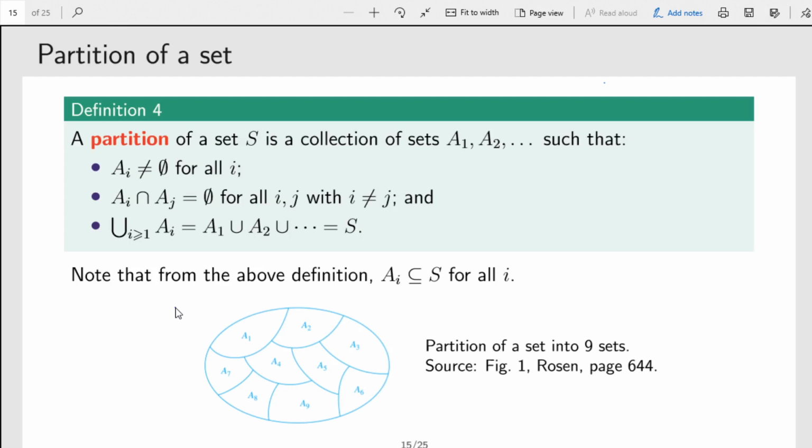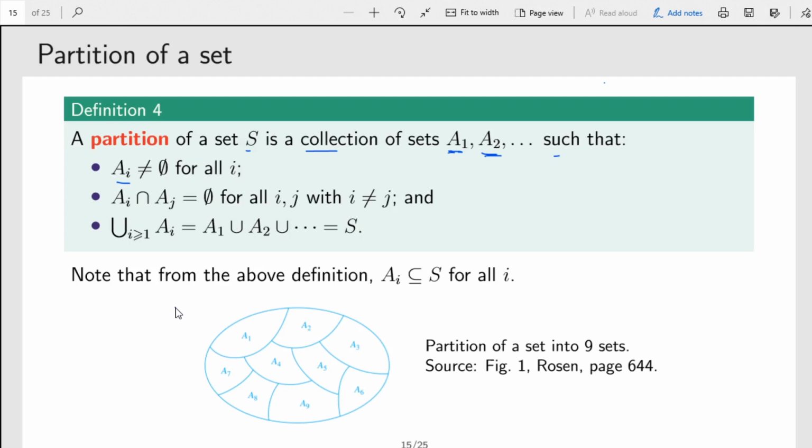A partition of a set S is simply a collection of sets A1, A2, and so on, such that each Ai is not empty, and any two members of this collection, so A1 and A2 or A2 and A10 and so on, if different, their intersection would be empty, so they are pairwise disjoint.